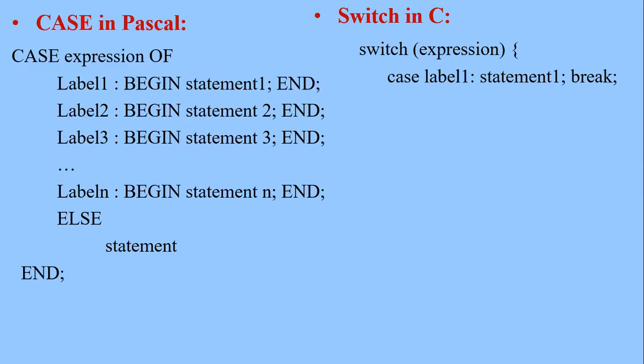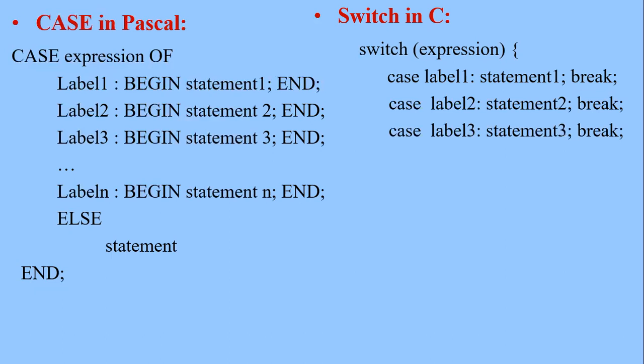And then for each case, we write case label. If it evaluates to 1, we execute the statements there, and then we break. So we use the reserved word break. We do the same for case label 2. If case 2 evaluates to true, we execute statement 2, we break.